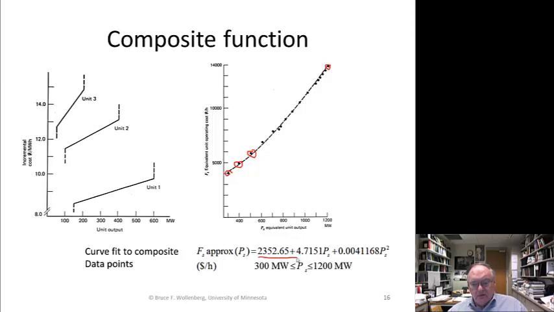So we used a curve fitting technique, least squares curve fitting, and we got this quadratic function down here in P sub S, and it goes all the way from 300 to 1200 because it's got 3 generators, so it's covering that. But that's the S. The P sub S can go all the way from 300 to 1200, and there's the composite generating curve. Now I can just use this with another unit for a study, and I have a very fast dispatch that way.